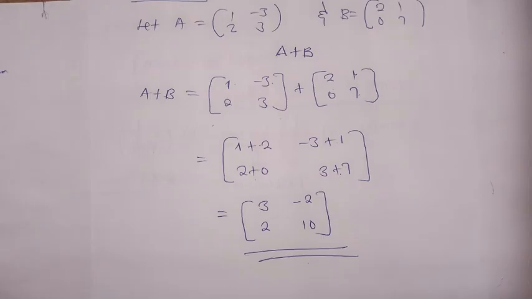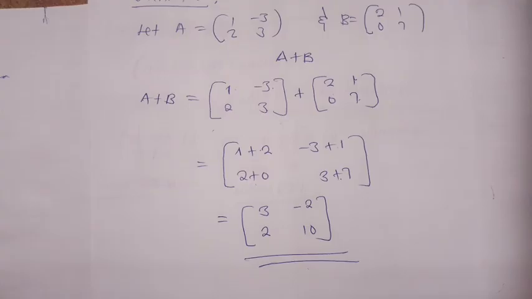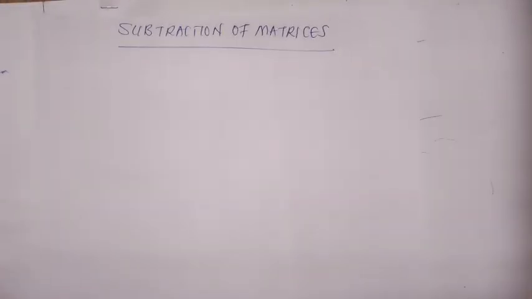Okay, let's go to subtraction, the opposite of addition. How about subtraction? We also subtract the corresponding elements, but it's different from addition, because addition we said is commutative, then subtraction is not commutative.